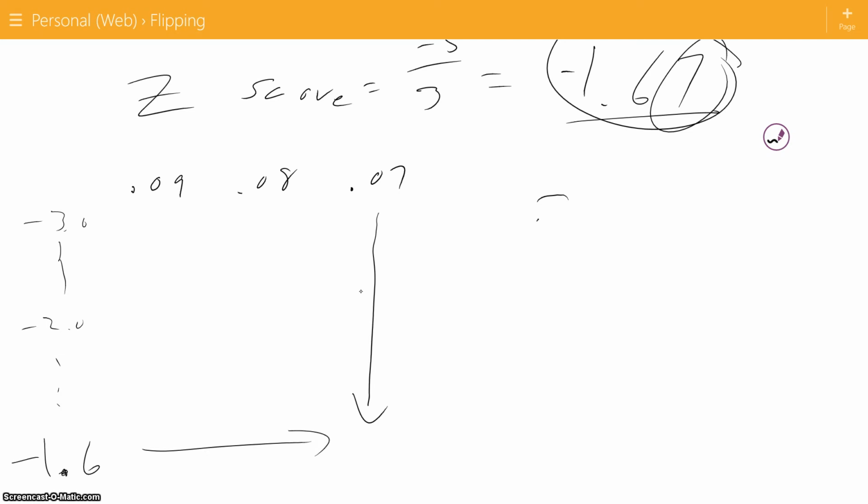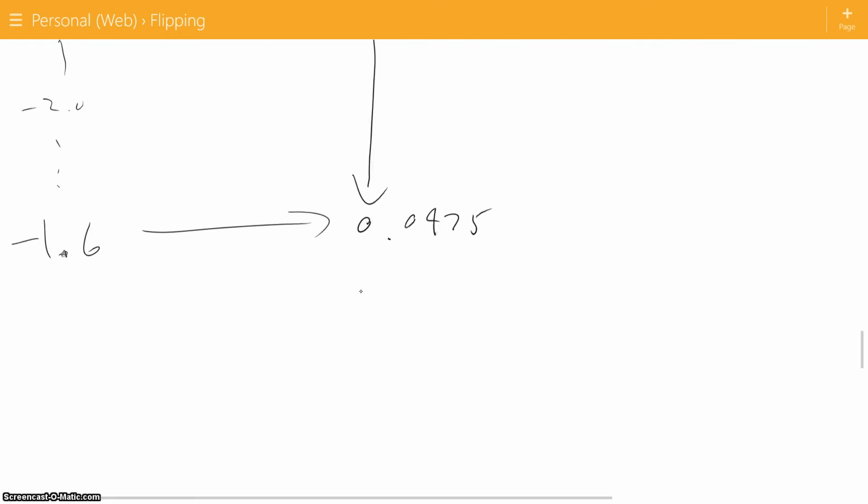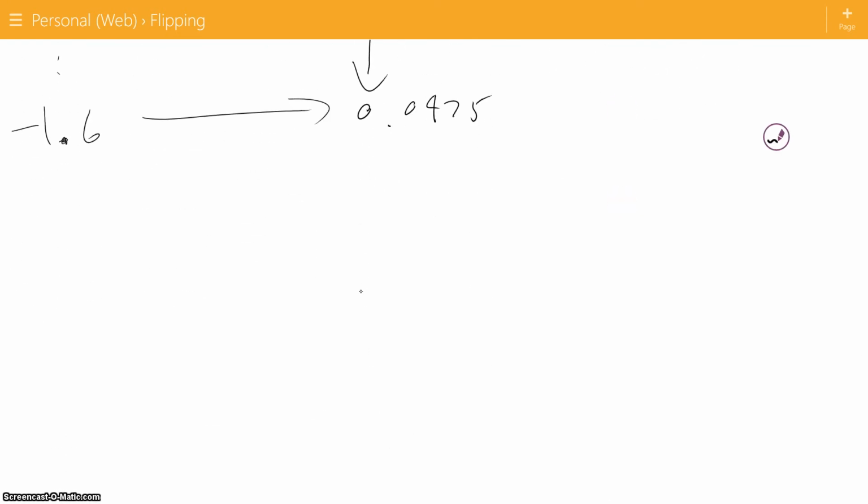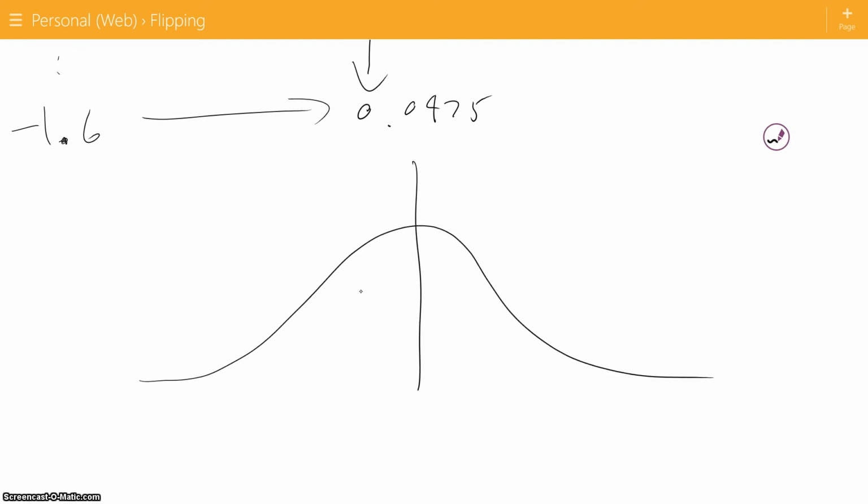In this case, for negative 1.67, it gives me 0.0475. What this is telling me is that if I did my normal distribution here, and we said the average was 34, then here I am a little over 1.5 standard deviations away at 24.